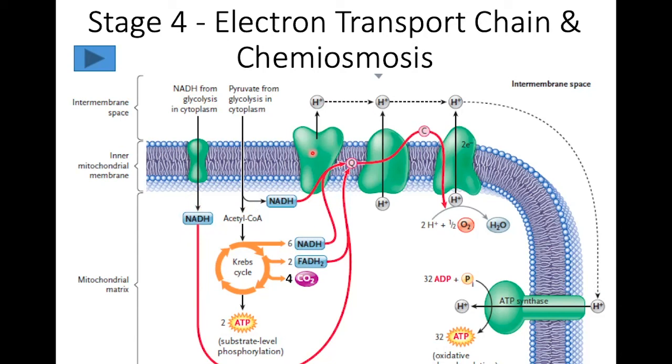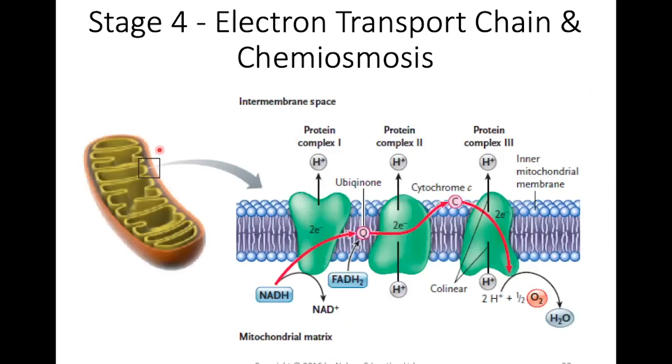So you'll notice here, embedded within the inner mitochondrial membrane, and to give you perspective, this would be your outer mitochondrial membrane, and the yellow would be marking your inner mitochondrial membrane. Okay, so all of these protein complexes we're going to be talking about are all located within the inner mitochondrial membrane.